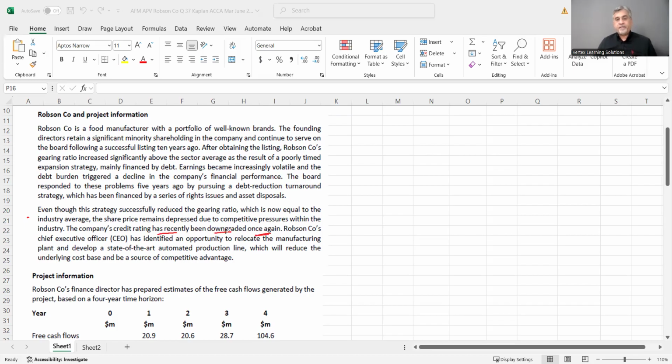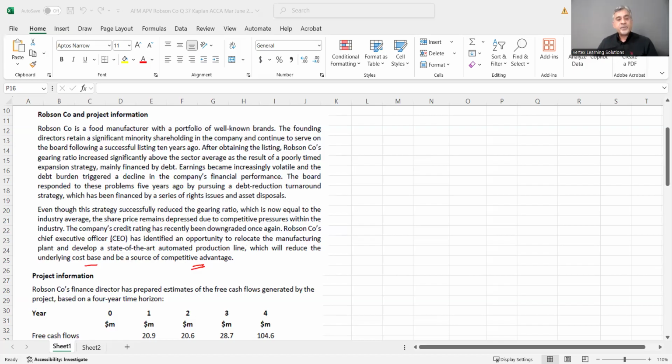Robson Company's chief executive officer has identified an opportunity to relocate the manufacturing plant and develop a state-of-the-art automated production line, which will reduce the underlying cost base and be a source of competitive advantage.